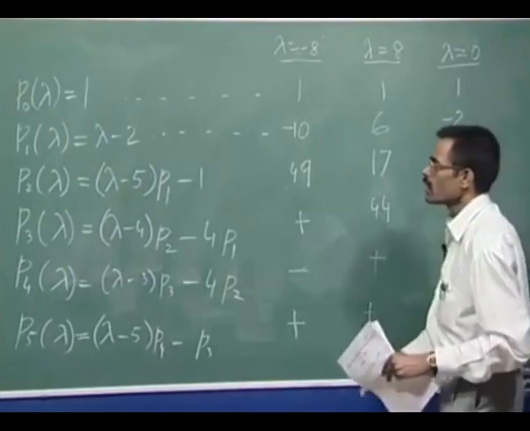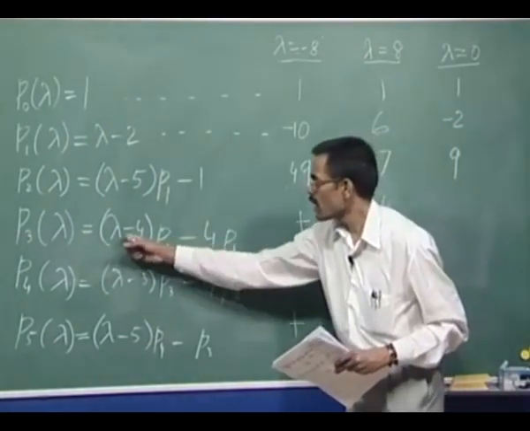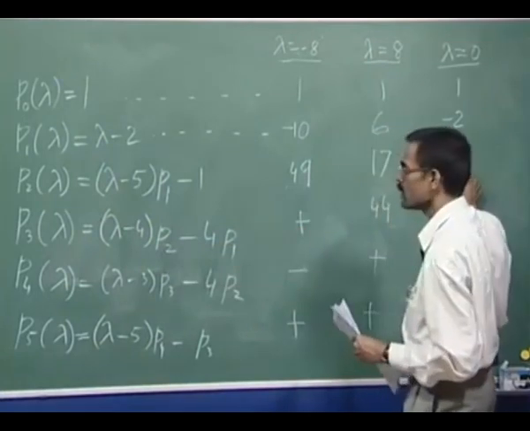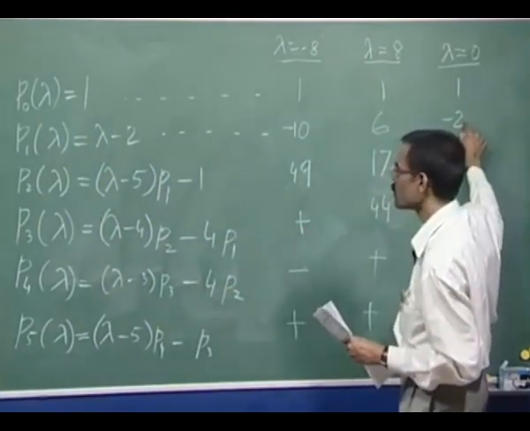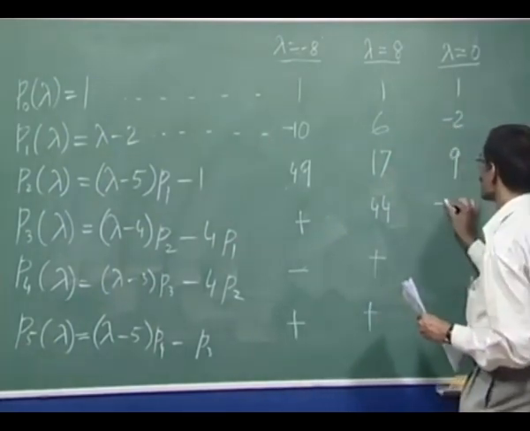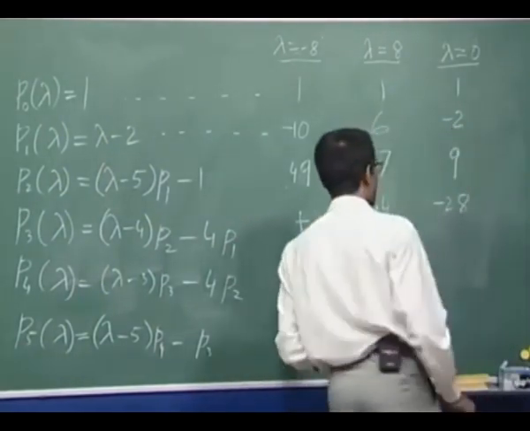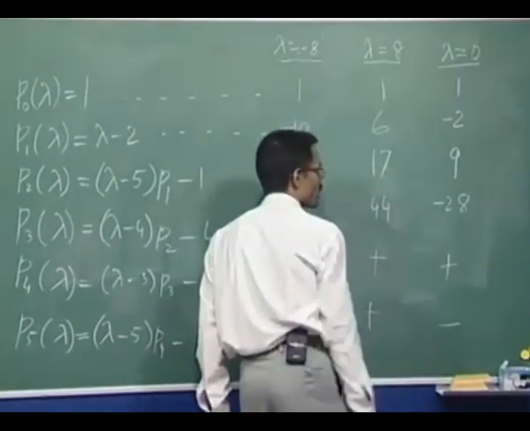Then you come here and you find minus 4 into 9, that is minus 36, minus 4 into minus 2, that is minus 36 plus 8. So, minus 28. Like this, as you continue, you will find that this turns out to be positive and this turns out to be negative.